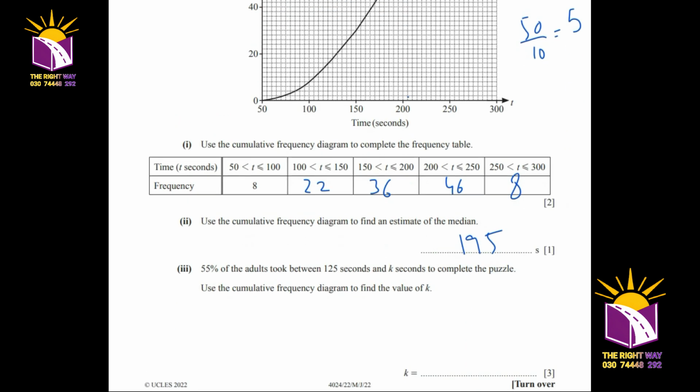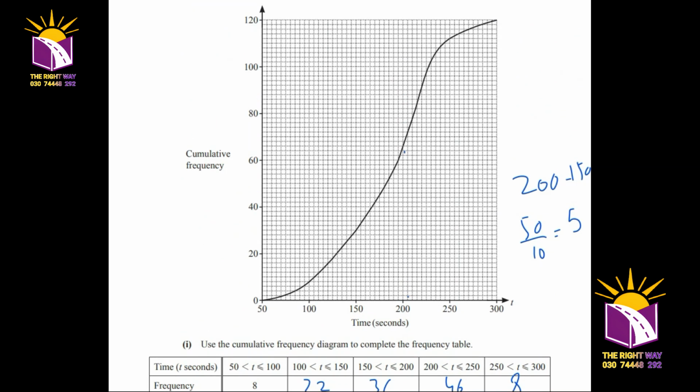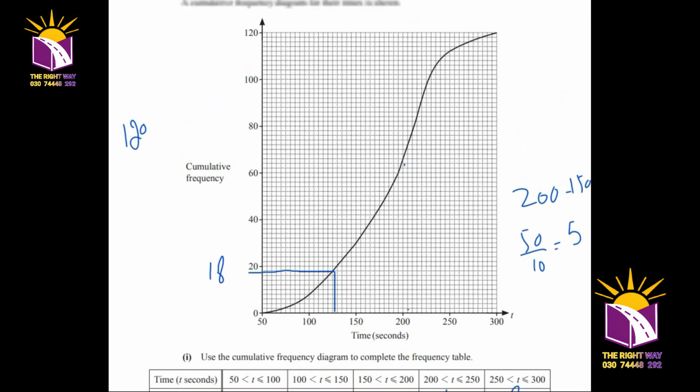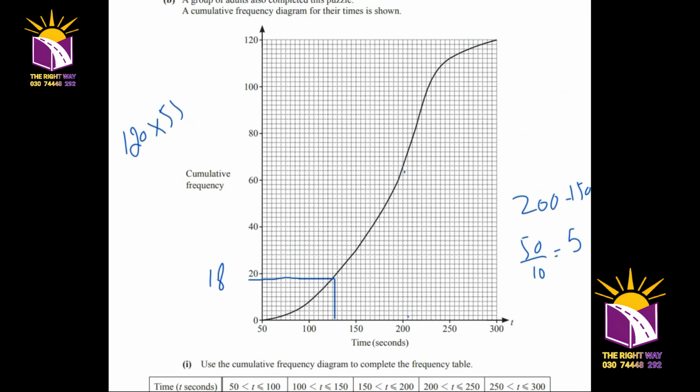Now we are given 125 seconds. So 125 will be between 100 and 150, so it will be 1, 2, 3, 4, and 5 over here, and 18 is the cumulative frequency. Now out of 120 we have 55%. So 120 multiplied by 55 divided by 100 will be 66.